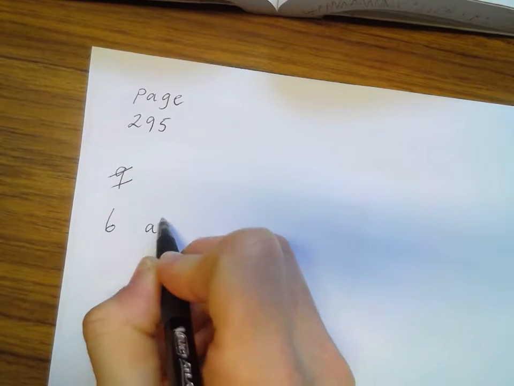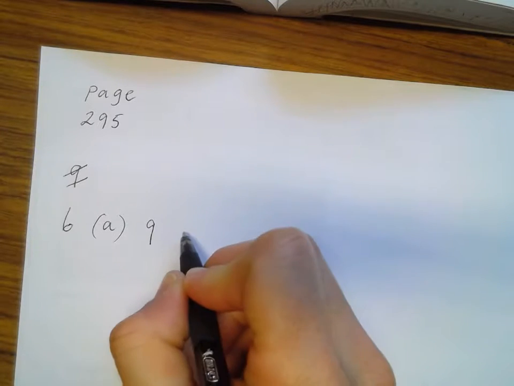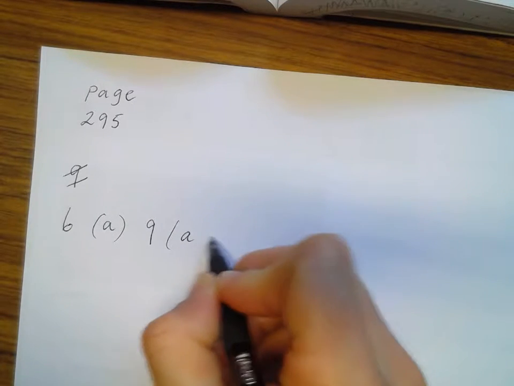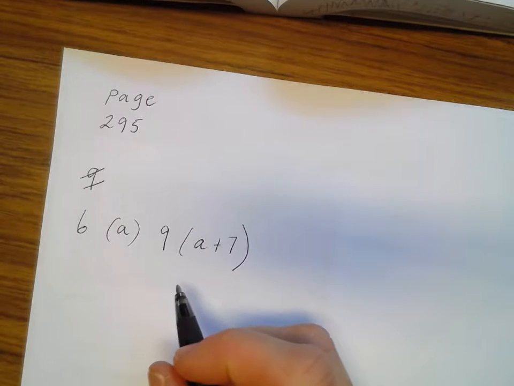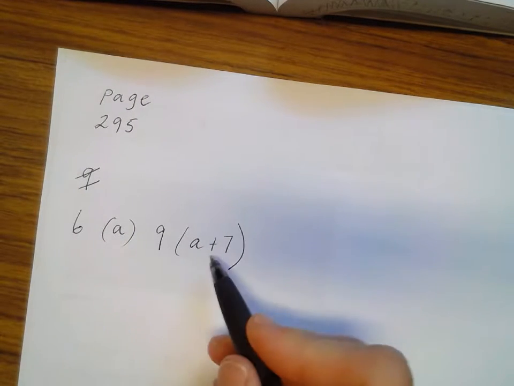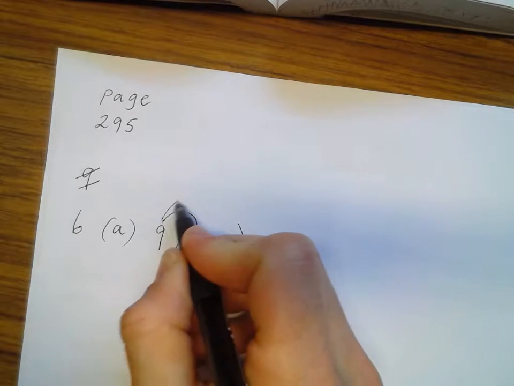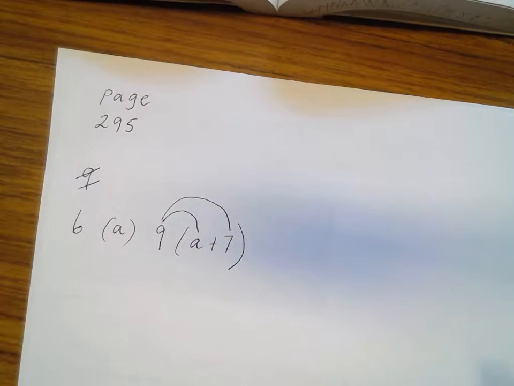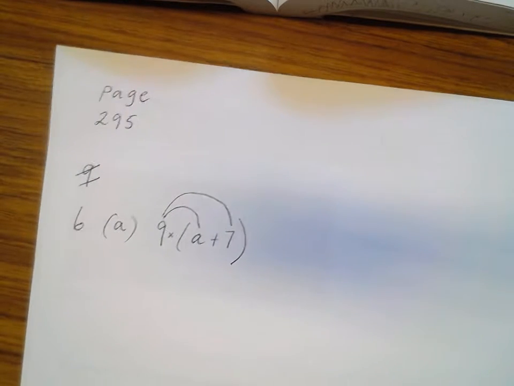Question 6. Okay. So we've got 9(a plus 7). When we talk about the distributive law, we know to distribute means to share. So we have to share whatever is inside the bracket with whatever is outside the bracket. Hopefully we know that in there is a multiplication.